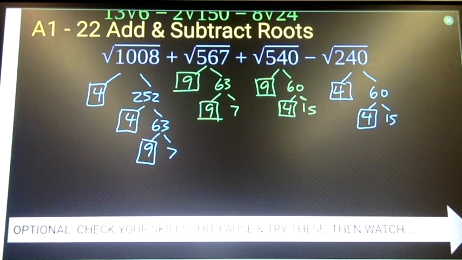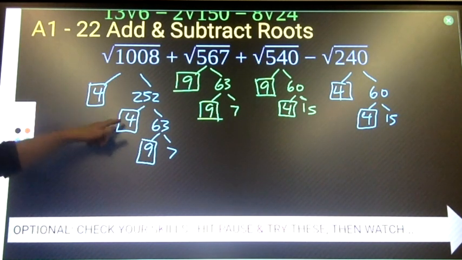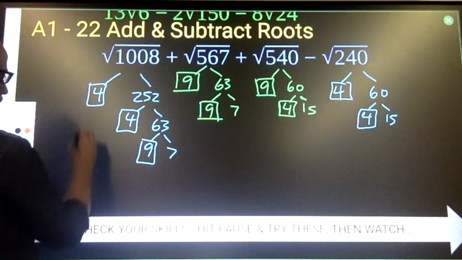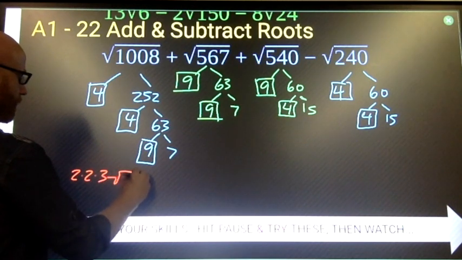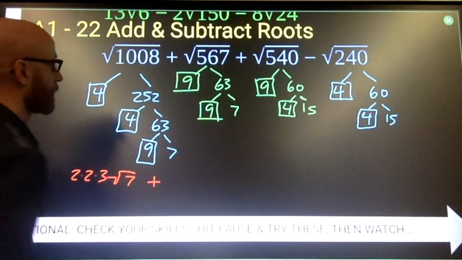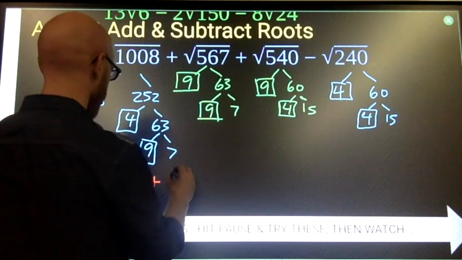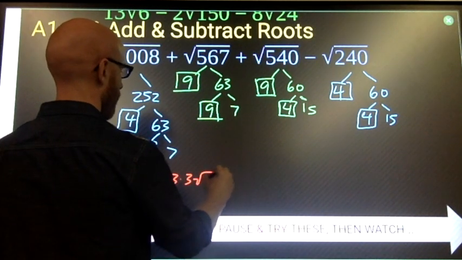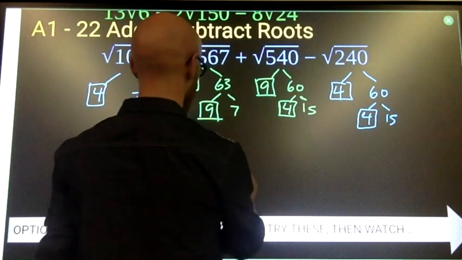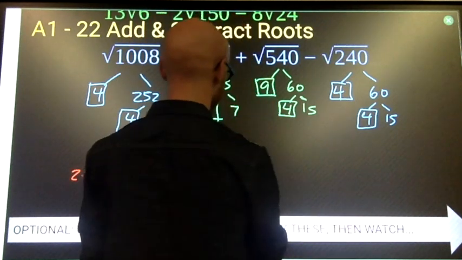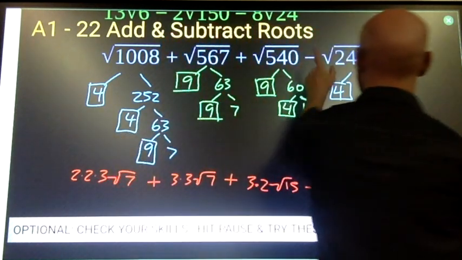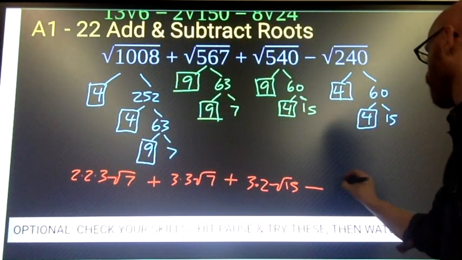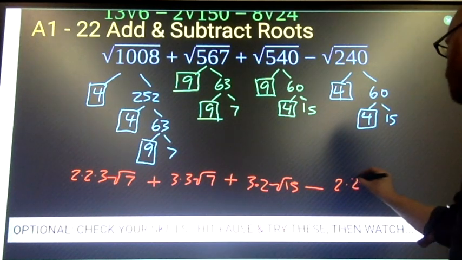All right, so a lot of breaking down that had to happen with this. We've got 2 times 2 times 3 square root of 7, plus 3 times 3 square root of 7, plus 3 times 2 square root of 15, minus 2 times 2 square root of 15.